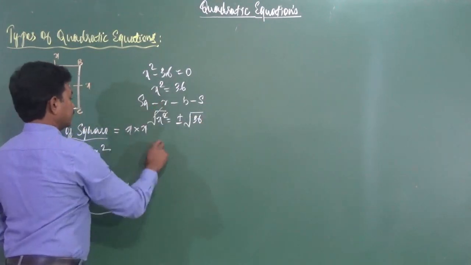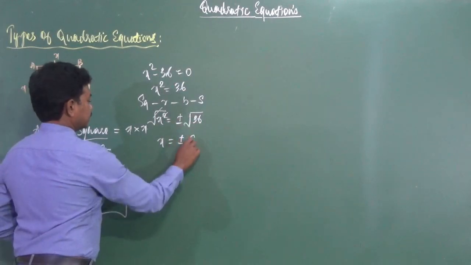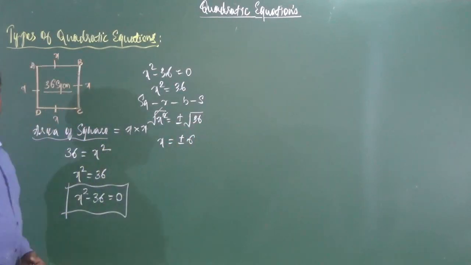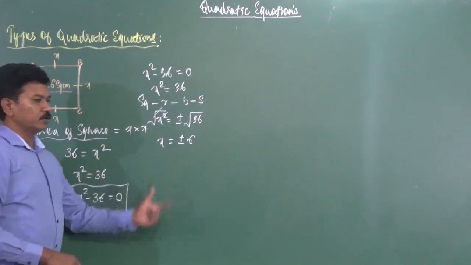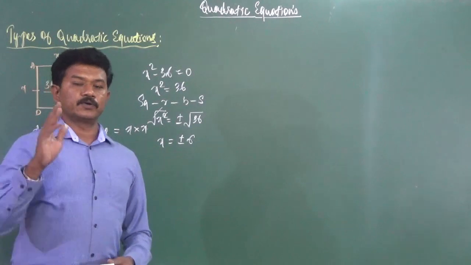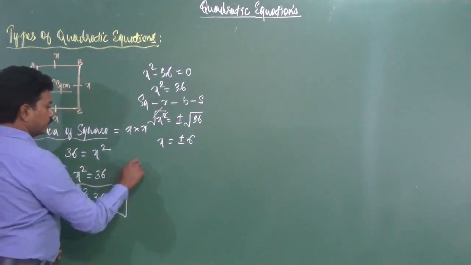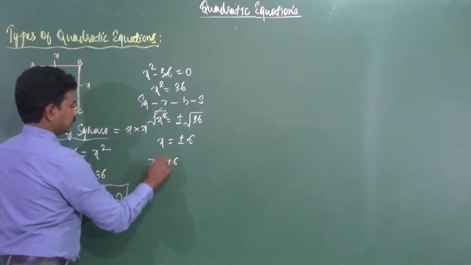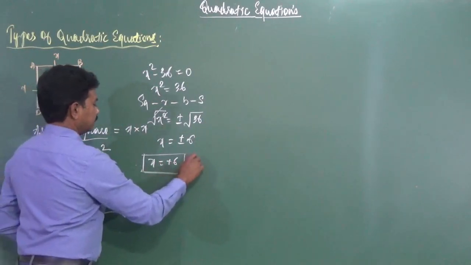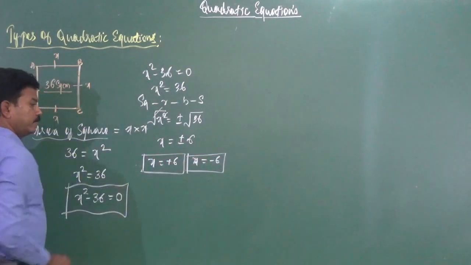The square and root cancel, so x is equal to plus or minus the square root of 36, which is 6. As I told you in the previous session, if you solve any quadratic equation, you are going to get two roots. Therefore x is equal to plus 6 is one root, and x is equal to minus 6 is another root. So we have two roots.